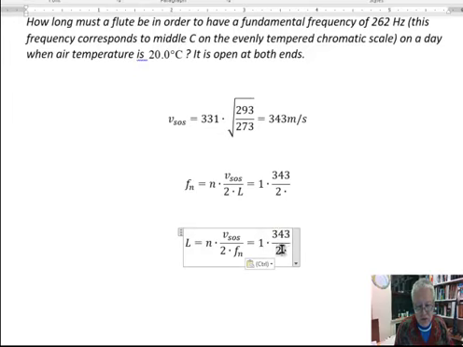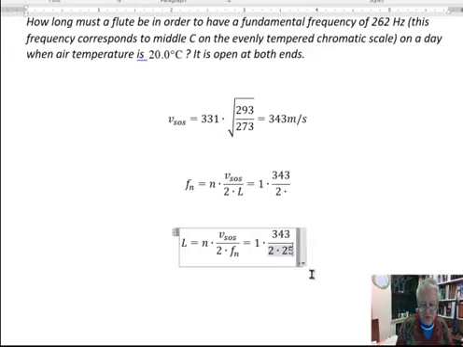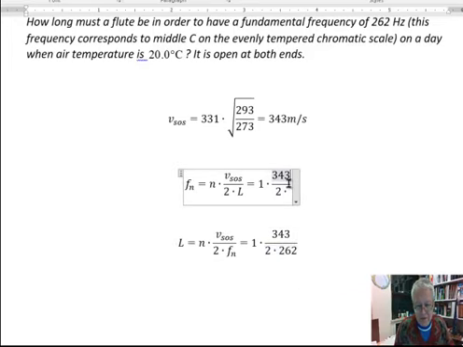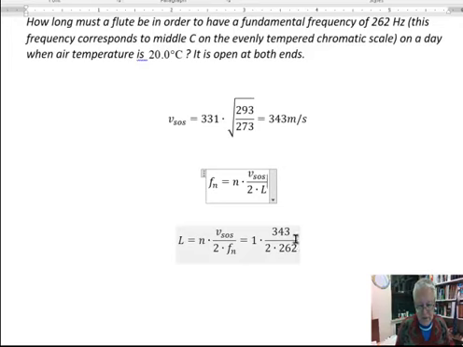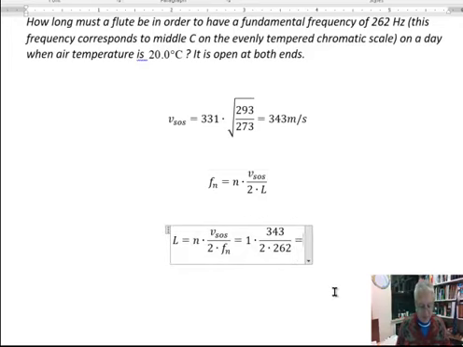There we go. Swap the length with the frequency. Turns out I still plug in the 1 and the 343 and the 2 is there, and here's the frequency, which is 262. There we go. And this one here, by the way, I don't need because, as I said, I had to do the algebra step first. Okay, going back in here, equals, 343 divided by 2 and divided by 262.